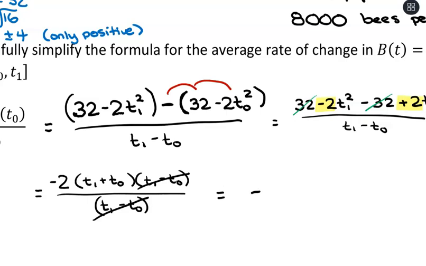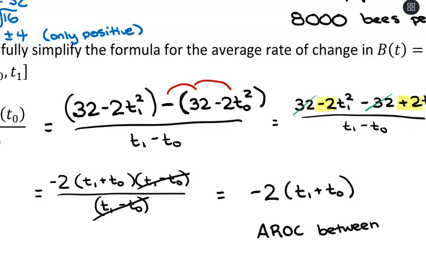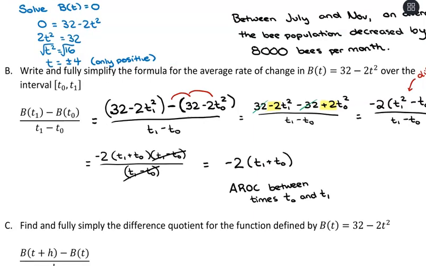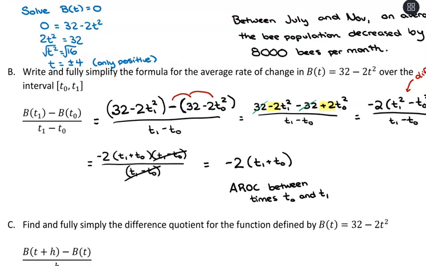So all of this simplifies down to this right here. So now what I have is a simple form for my average rate of change between two times, t0 and t1, so that if I'm given two values of time, I can just plug into that and that will find my average rate of change.